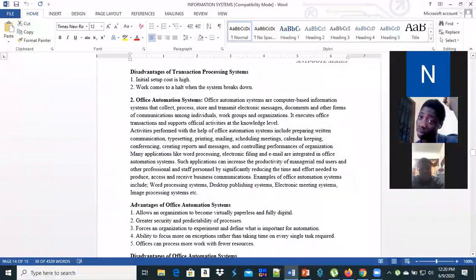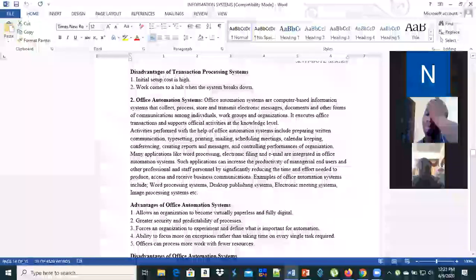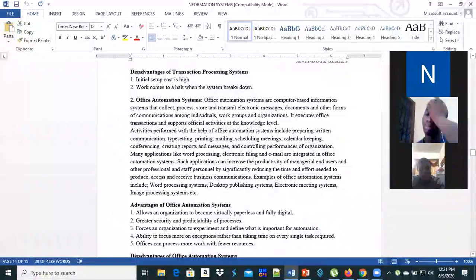So they process, they store, they transmit. Transmit here is sending. They send office messages electronically to those that matter in the organization. So that is it.